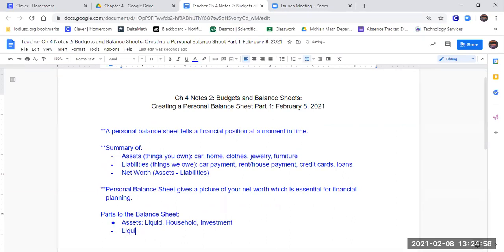First one is the liquid. We defined what liquid was before. What do we mean by liquid assets?